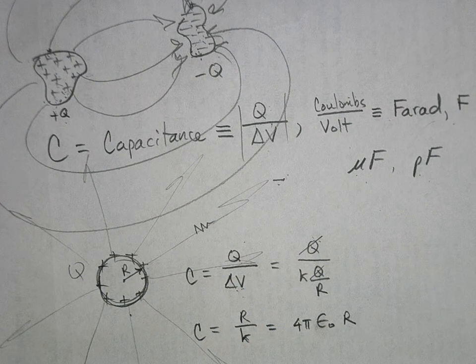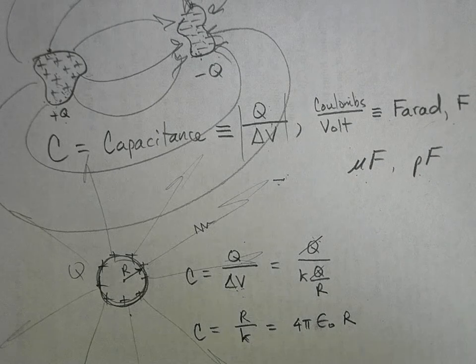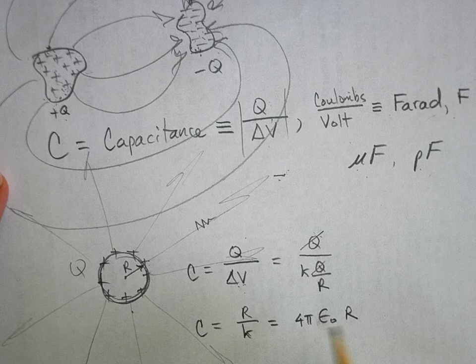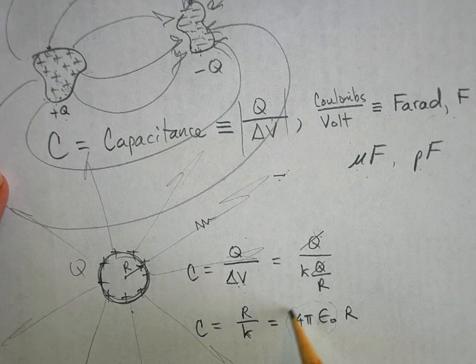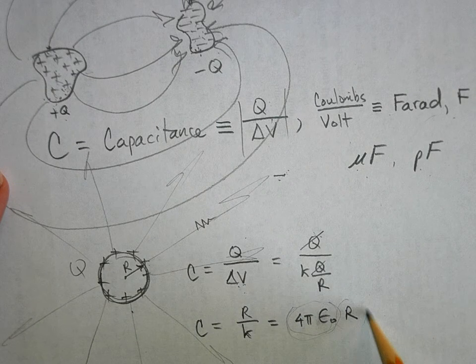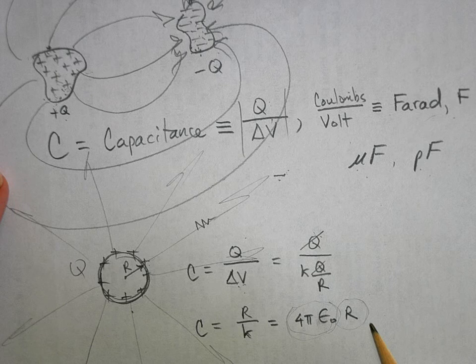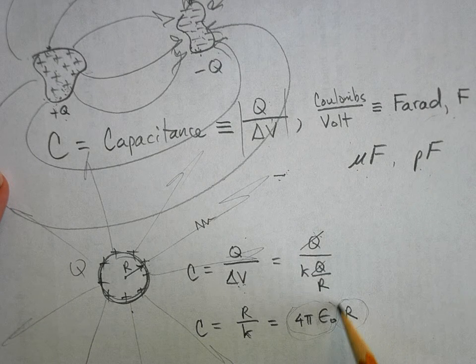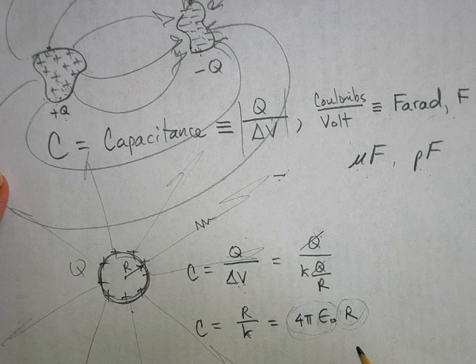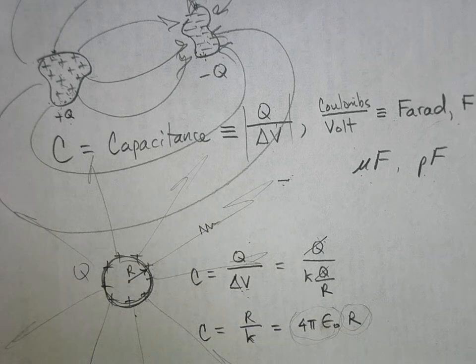And your result is going to be this. The capacitance for a certain arrangement of positive and negative charge is always going to be constants of nature times the essential geometry of my capacitor. Now, what's the essential geometry of a sphere?